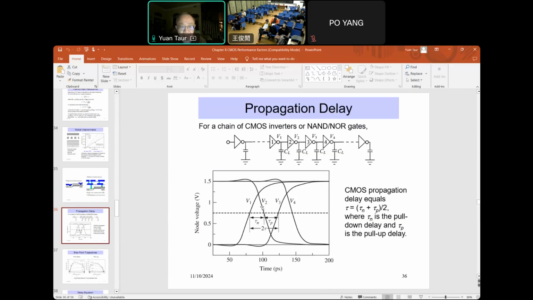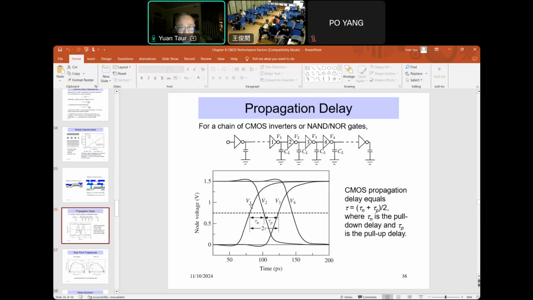And this plots V1, V2, V3, V4, which is the voltage after inverter 1, that's the voltage after inverter 2. So to begin with, we have a step input to get things started. But after a few stages, the waveform becomes standardized. In other words, the rise time and fall time doesn't change anymore, no matter how many stages you go to.